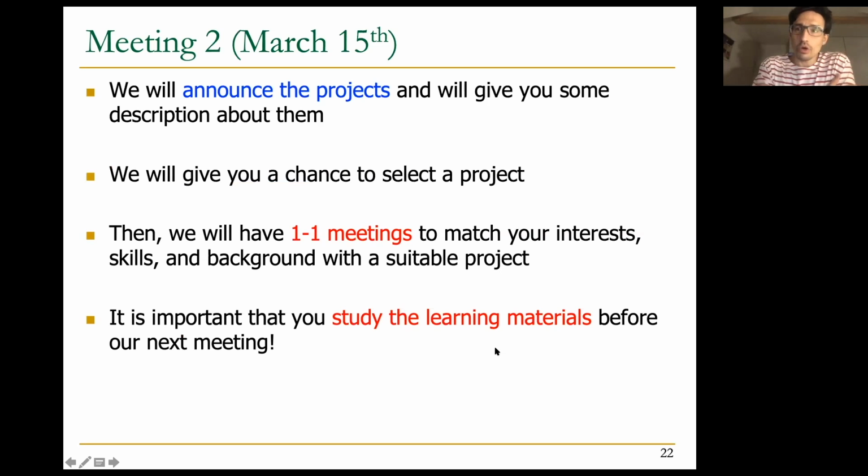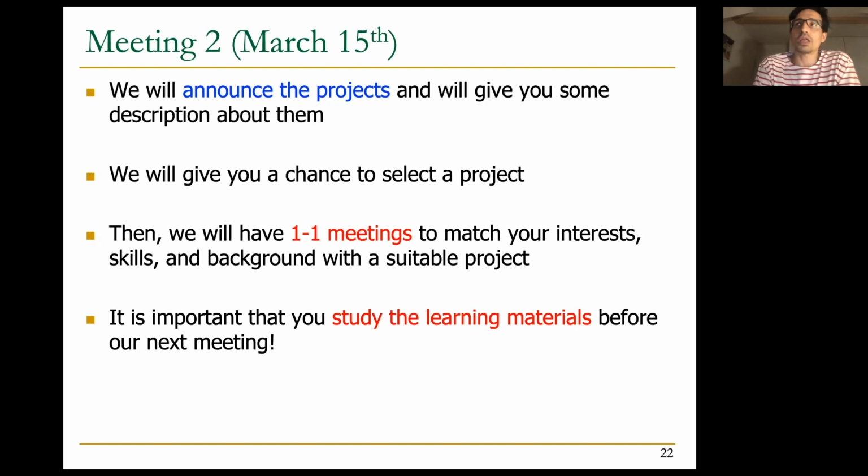Okay, what will we do in the second meeting next Monday? We will announce the projects. We will give you a description about them. Then we will have a poll in Moodle where you will select the projects that you are most interested in, and then based on that, we will assign the project to you, and then you will start having meetings with your supervisor.